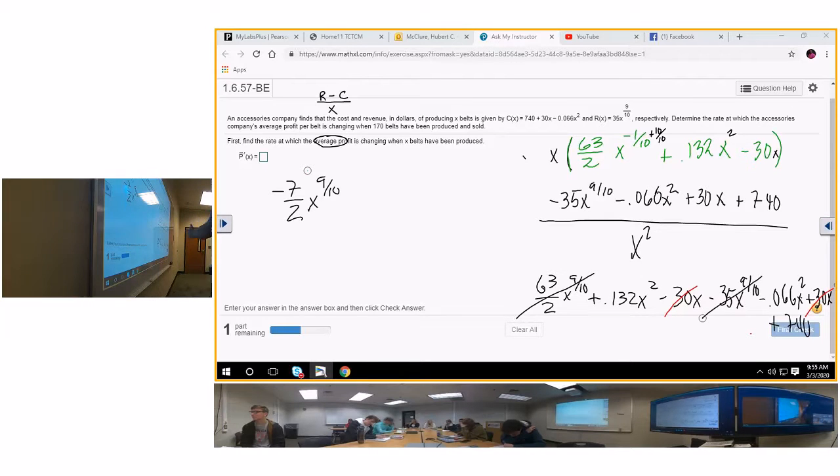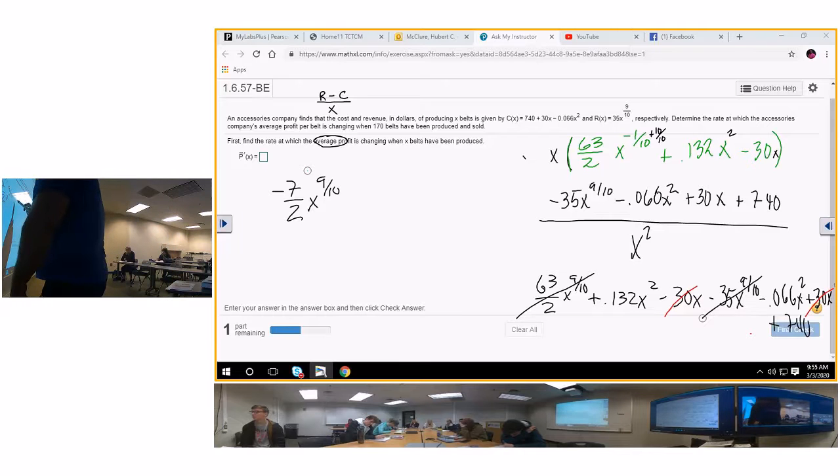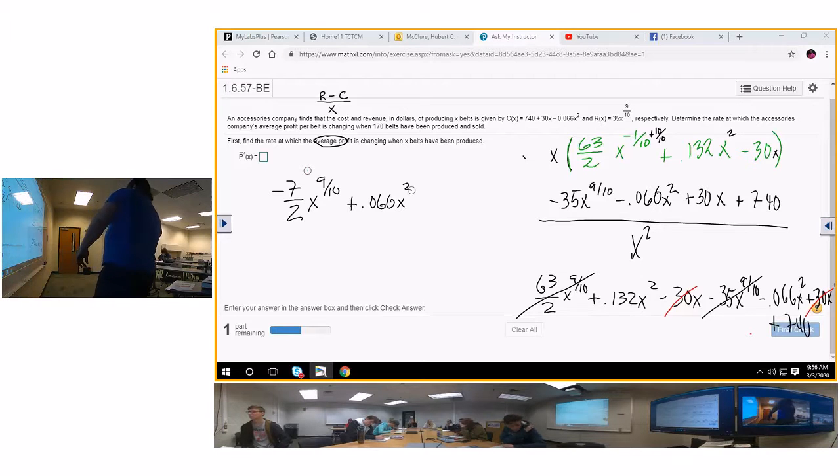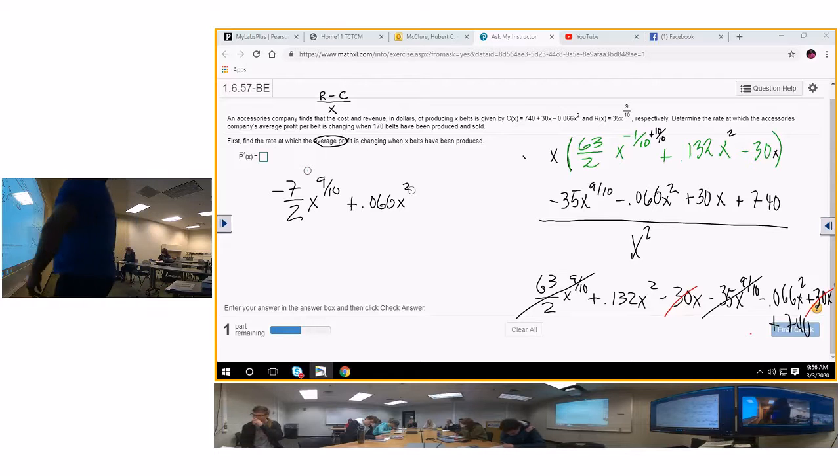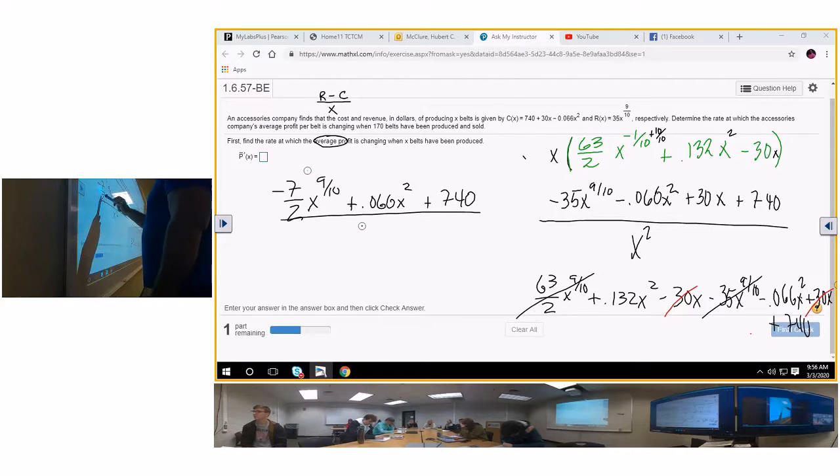And then 0.132 minus 0.066, so plus 0.066, and plus 740, all over x squared.